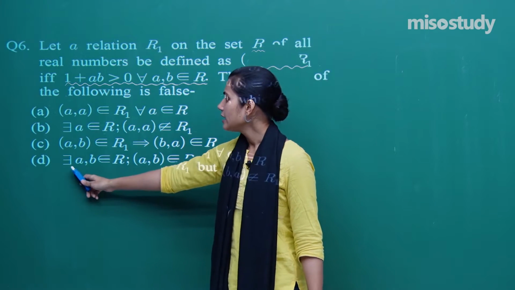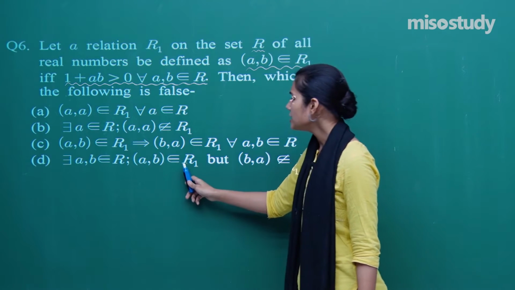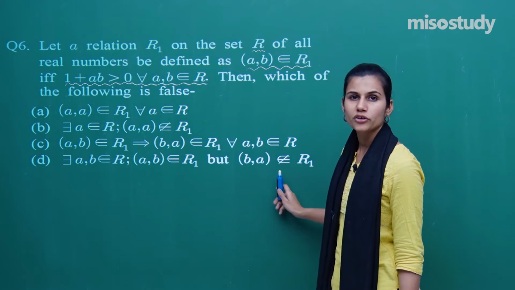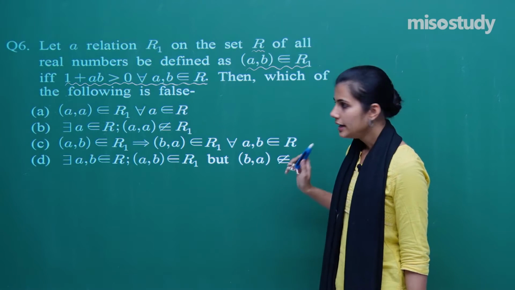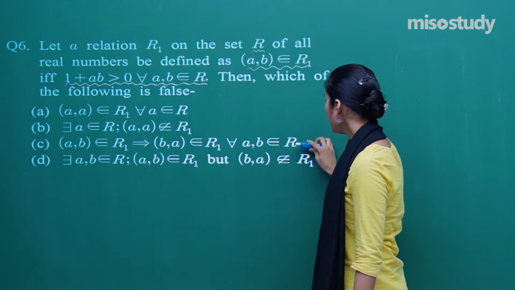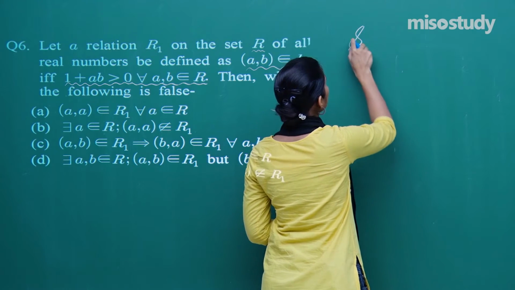And it is also saying there exist some A and some B inside R such that A is related to B under R1 but B is not related to A under R1. Let's try and find out if this is true or this is true, and this is true or this is true.